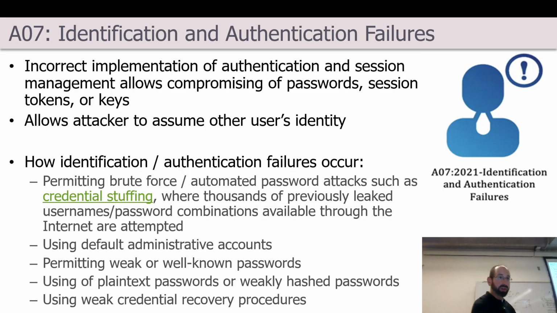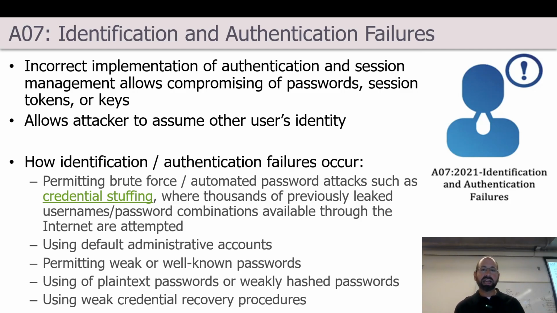But continuing on with our top 10, we left off at number 7, and some of these are kind of related. We already talked about one of the prior ones with cryptographic vulnerabilities or implementation flaws. This is related, but not exactly the same thing. This is identification and authentication failures.